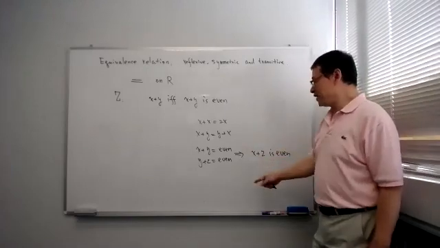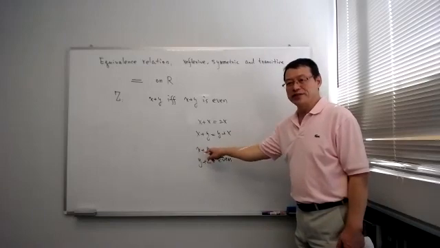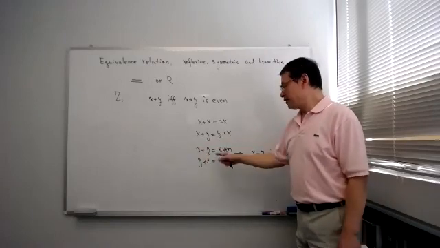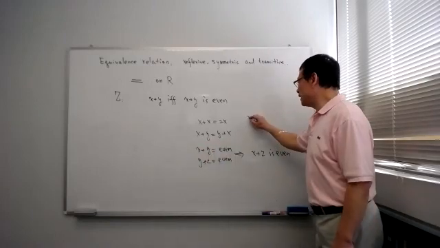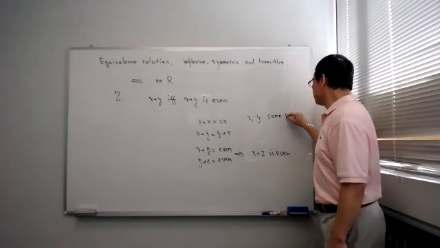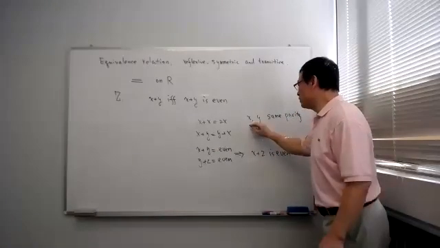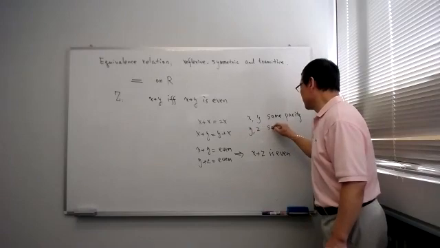Of course, it's easy to see. If these two sums are even, either both of them are even or both of them are odd. That means x, y have the same parity, either both even or both odd. And y, z also have the same parity.